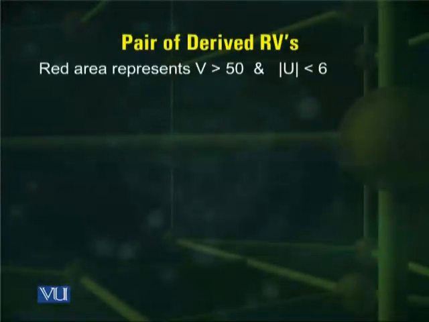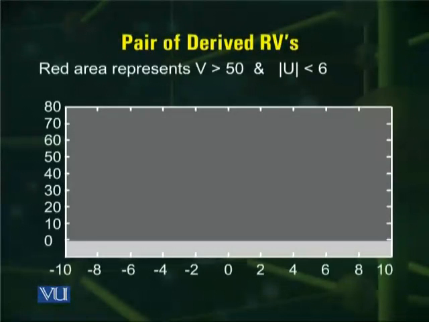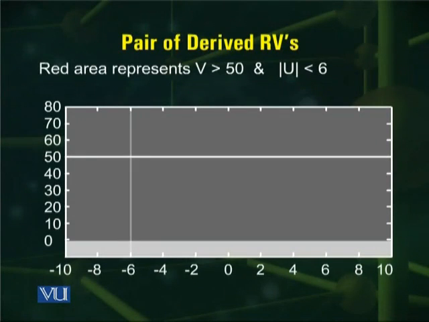Suppose you have found the joint PDF of U and V, and on the UV plane, where U is the horizontal axis and V is the vertical axis, you have your joint PDF as a surface over the UV plane. Then the event on this UV plane, which represents our question, is all points (u, v) such that V is greater than 60, V being the vertical axis, and U is between -6 and 6.